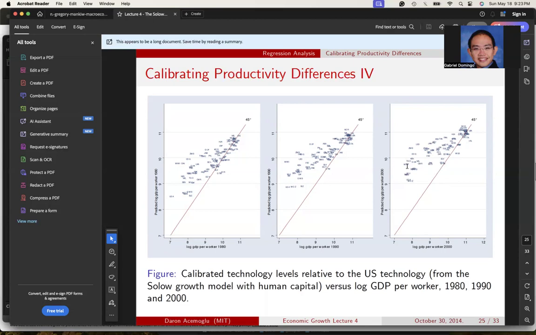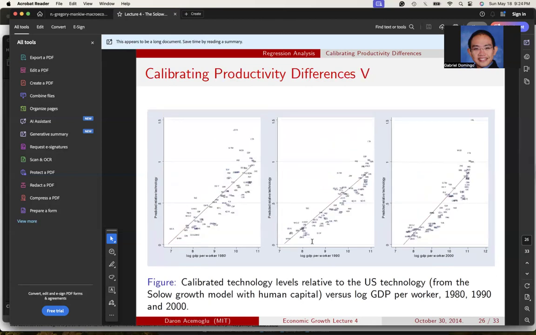Okay, so to the extent that the real GDP is in fact lower than the United States, that means that the technology for the different countries is in fact lower than the United States. You can see that here. Okay, so here's your predicted level of technology, and in particular, as their GDP goes up, your predicted level of technology that will tend to match the real differences in GDP will become higher.